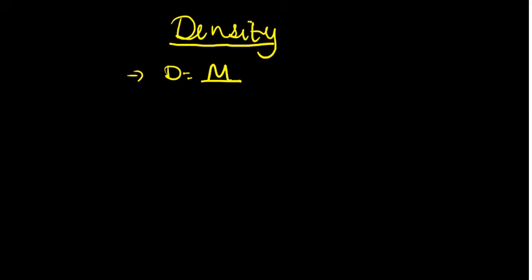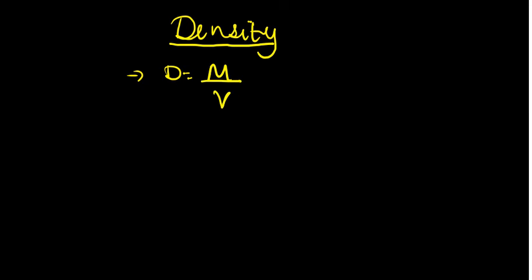Okay, the next thing we're going to talk about is the density of water. So when you look at density, we've been talking about density, which is the mass of a substance that is found in a specific volume.